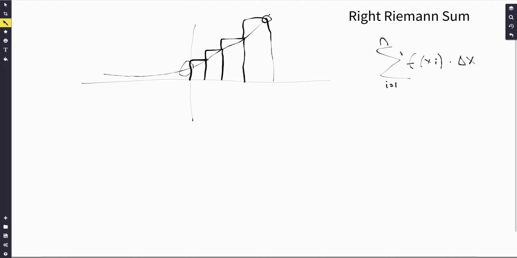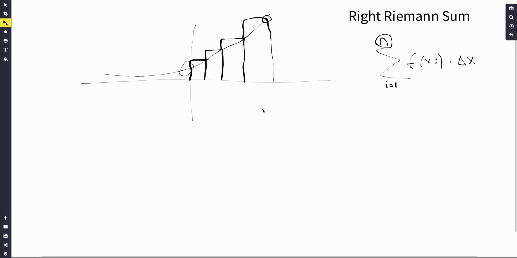We know summation, that's just a constant addition of something. And then this n value right here shows the number of rectangles that you'll use. So in a problem, they'll tell you n is equal to 4, or n is equal to 3. Those are how many subintervals of rectangles you'll use.